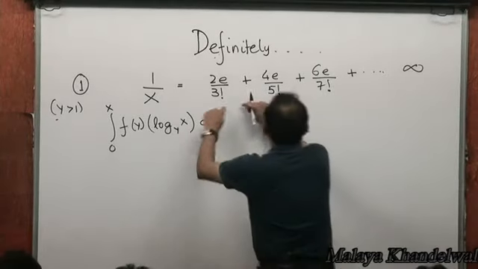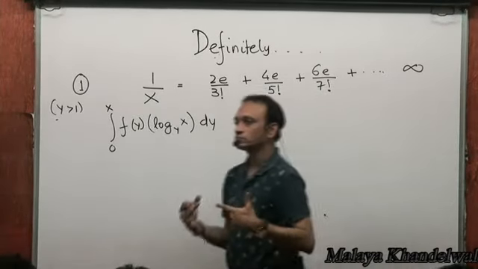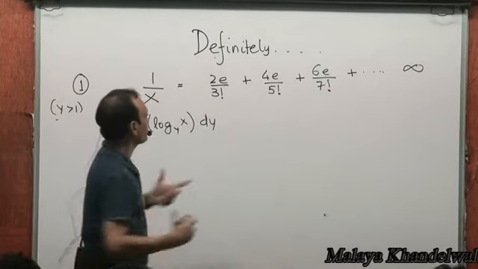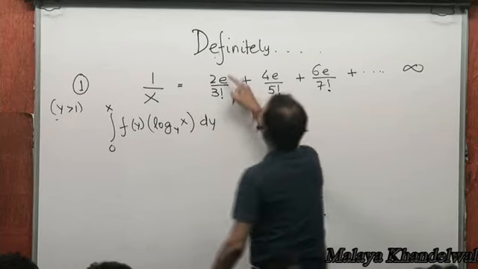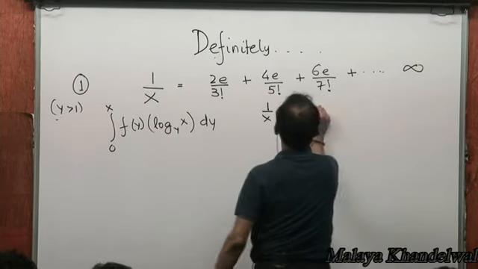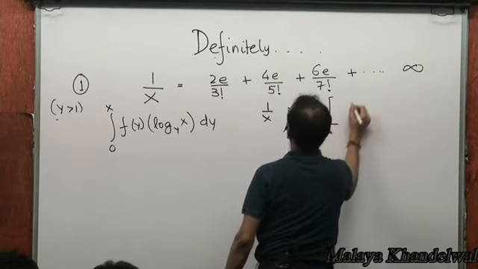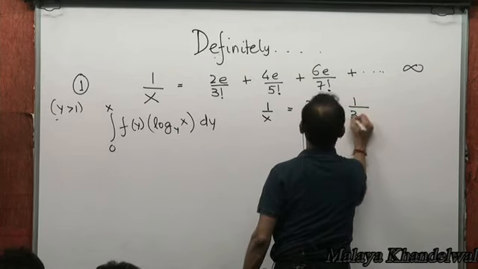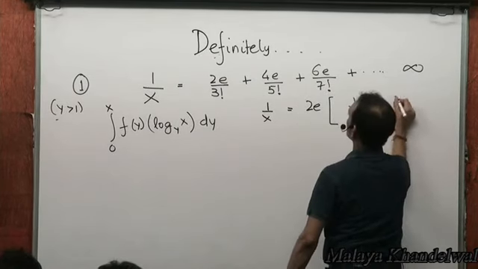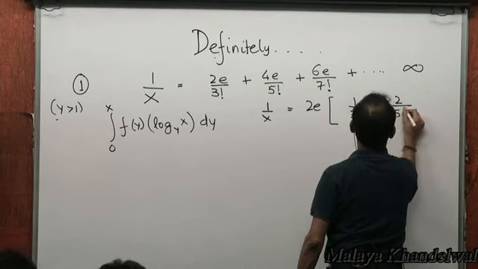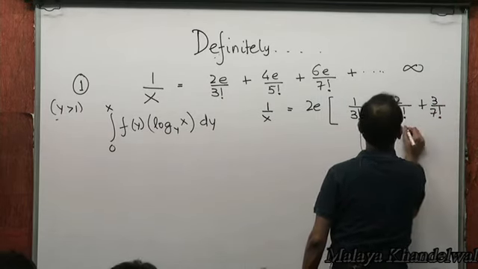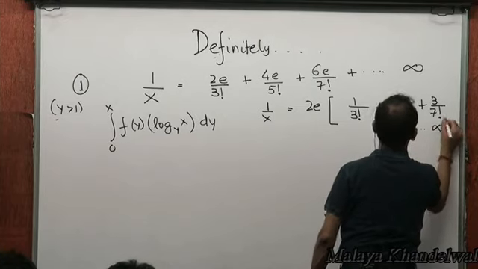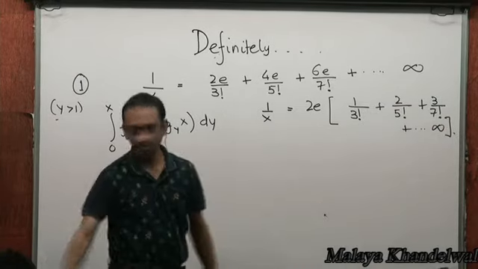Now, let's simplify matters here. Let's simplify x. From this, I might as well take 2e common, up to infinity, right?